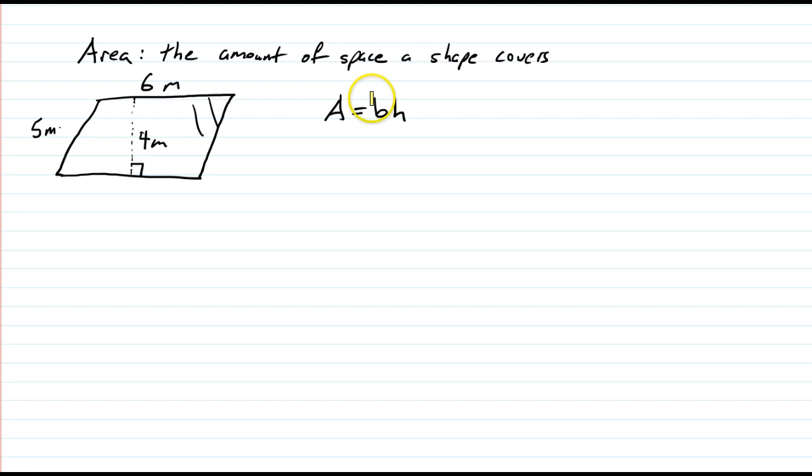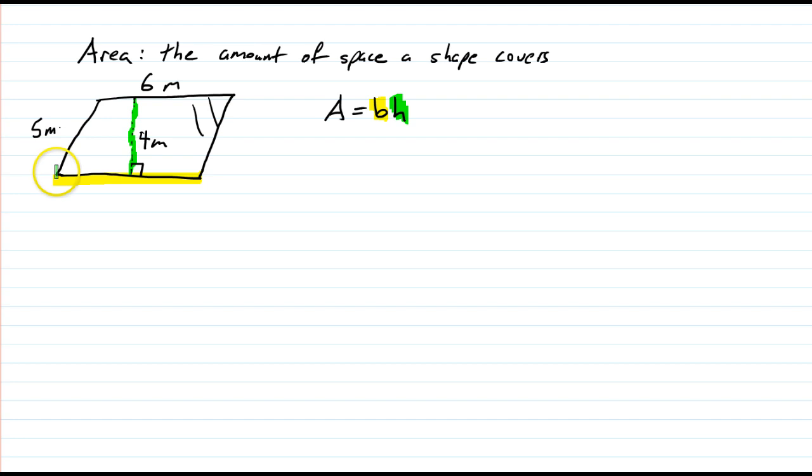So we need to know 2 of these measurements. We need to know the base, and then we need to know the height. And so now we have 2 numbers to choose from. And when we measure height, height goes straight from the bottom directly to the top. So it would be this 4.